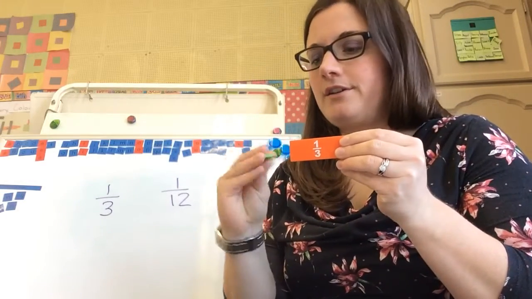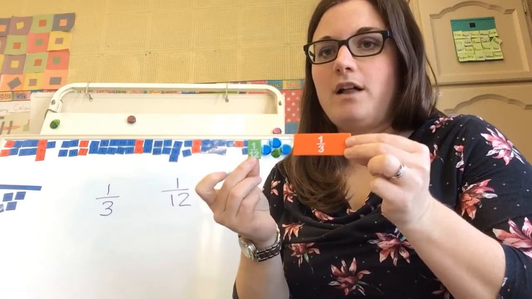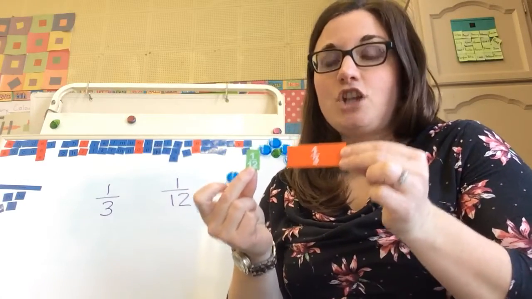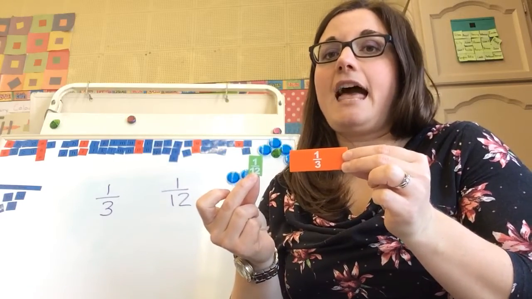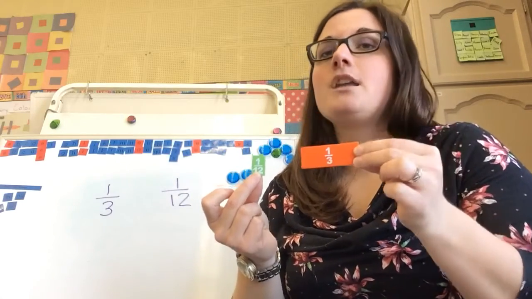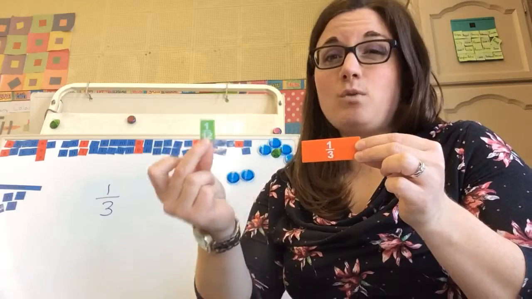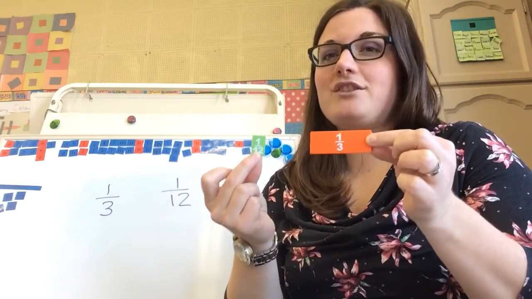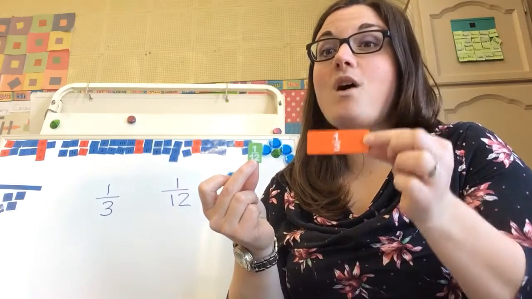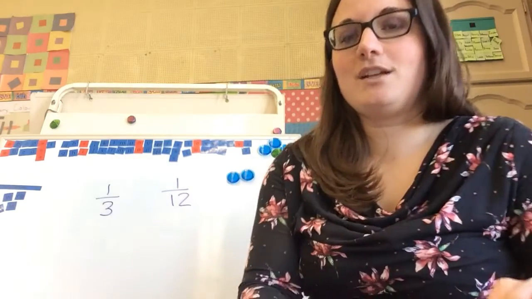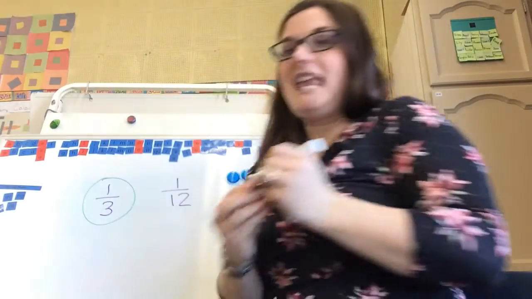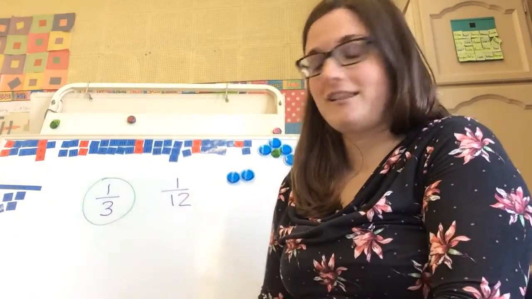Here's my 1/3, and here's my 1/12 piece. If I were going to give you a piece of a chocolate bar and I said, I have a 1/3 to give you, or I could give you a 1/12 of the chocolate bar, who gets more of the chocolate bar? The 1/3. So we're going to circle that here. Our 1/3 is actually a bigger piece of chocolate.